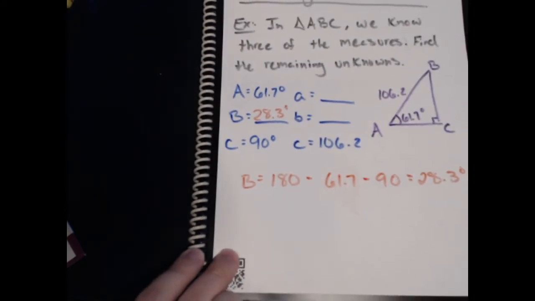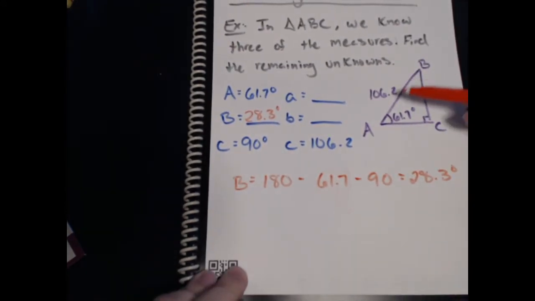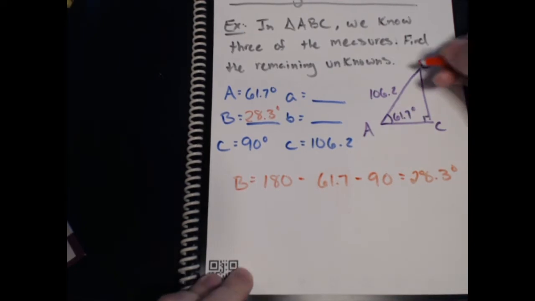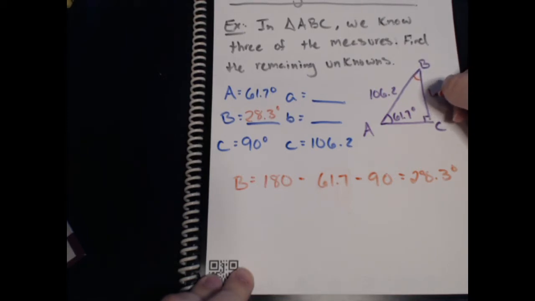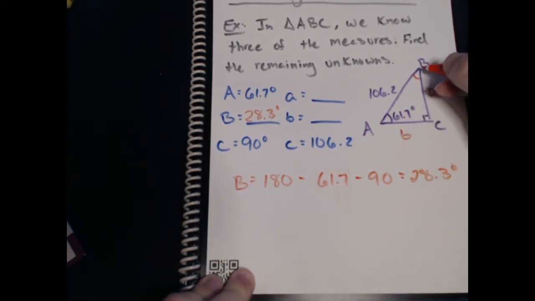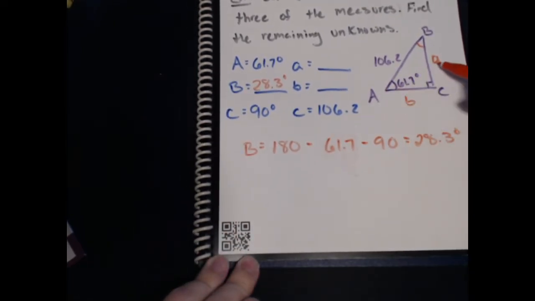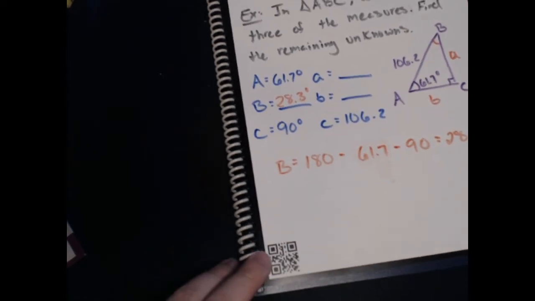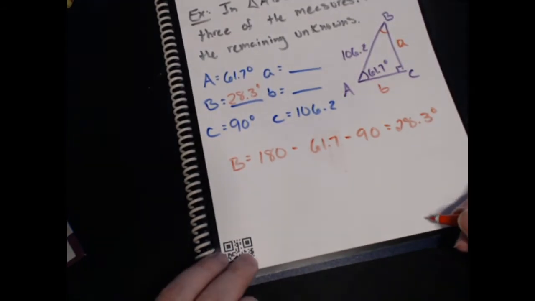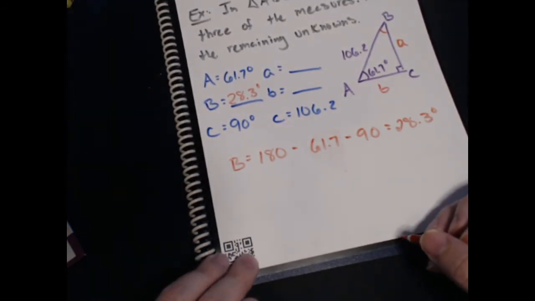All right, at that point, you're just taking the rest of the information you have. I already found angle B. I want to find side A and side B. Again, opposite side, opposite side. So to find side A, I have opposite over hypotenuse. Opposite over hypotenuse is which trig function? Let me get the notes out from last time. That is sine.